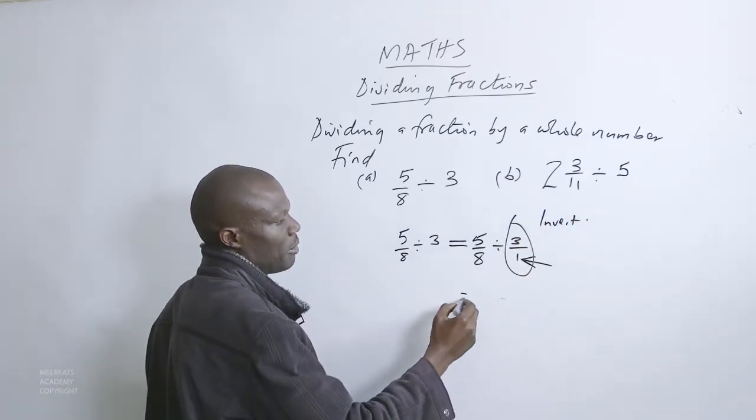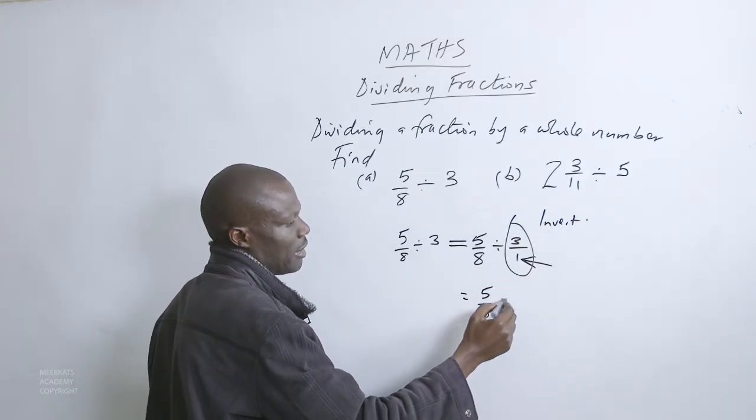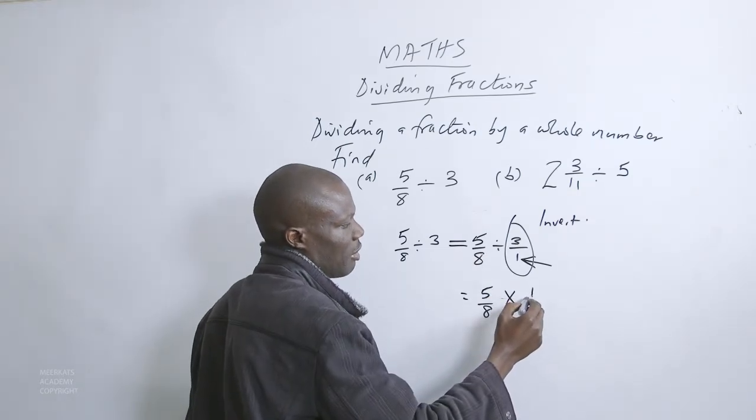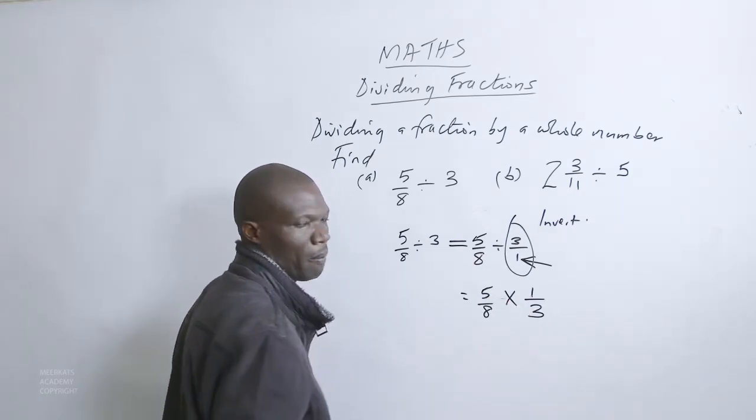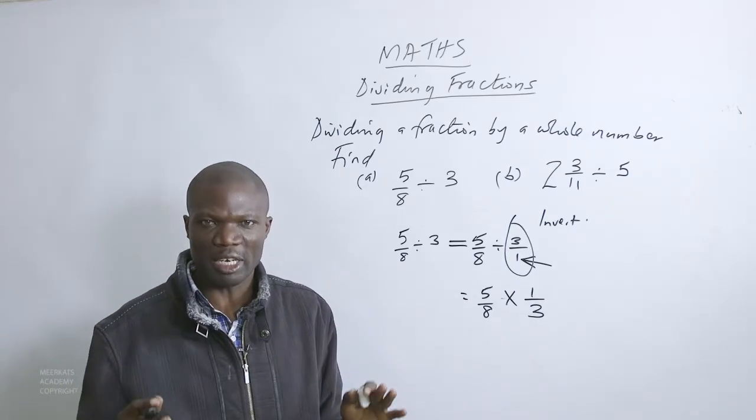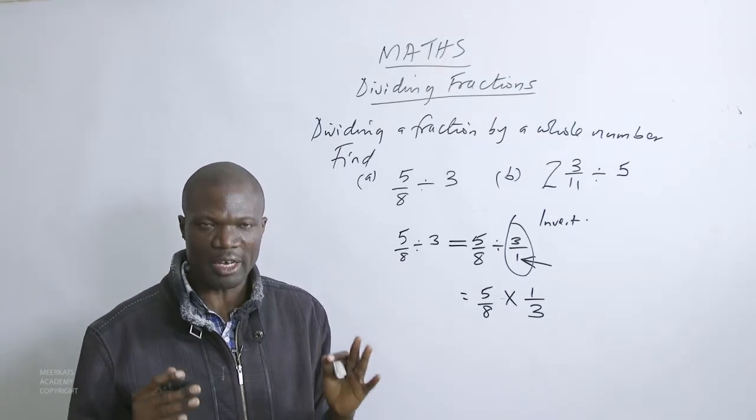So it will become 5 over 8 multiplied by the reciprocal of this, which is 1 over 3. In case we have places where we can simplify and cancel, we go ahead and do it.